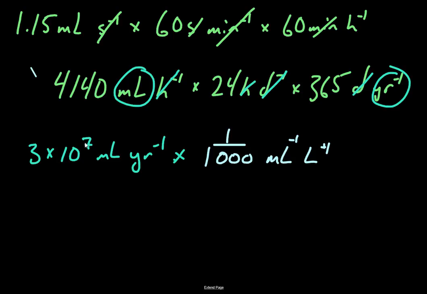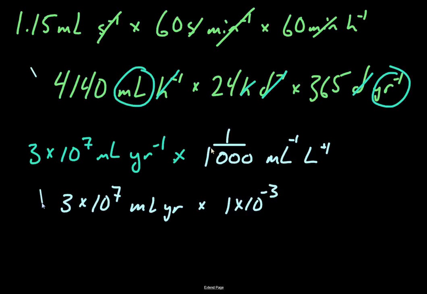So we're in the metric system, so it makes it easier. Essentially what we're saying is 3 times 10 to the 7 milliliters per year times 1 times 10 to the negative 3 if you want, okay? Because this is like 10 times 10 times 10 on the bottom, or 1 times 10 to the negative 3.